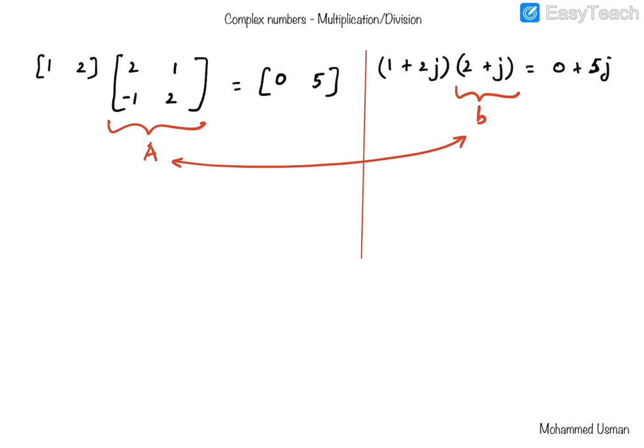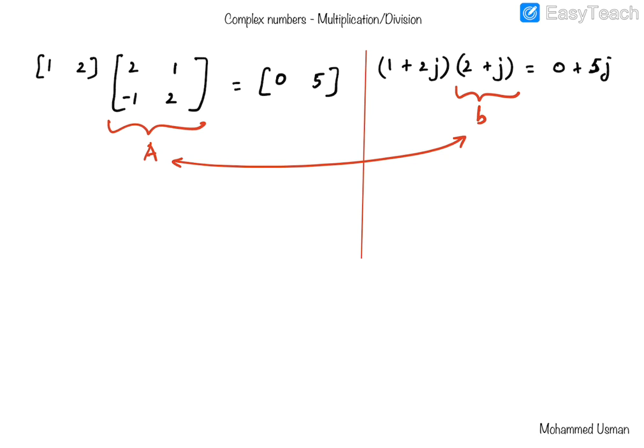And we can extend it to any number of dimensions, but with complex numbers, we are restricted only to 2 dimensions, because we have the complex plane, which is represented by the real axis on the x-axis and the imaginary axis on the y-axis. So it is restricted to only 2-dimensional operations, whereas matrices can be extended to multiple dimensions beyond the 2-dimensional plane as well.